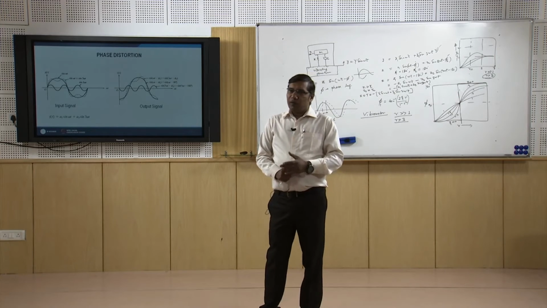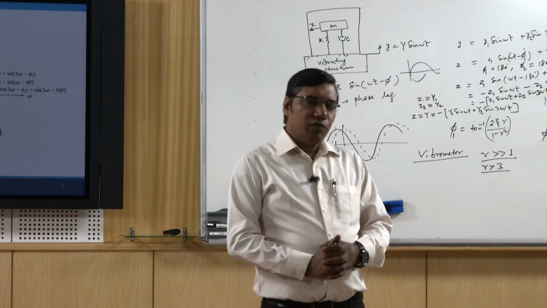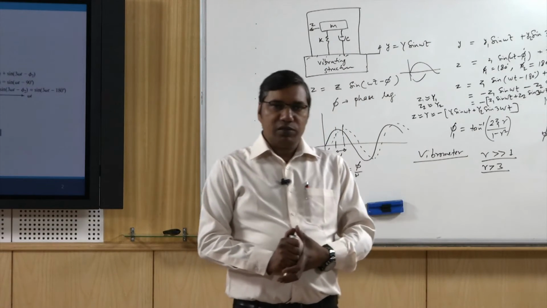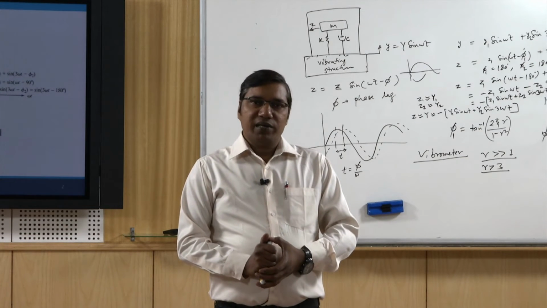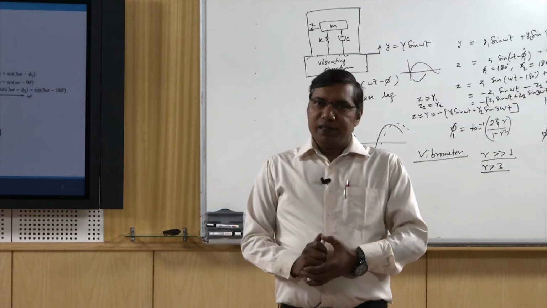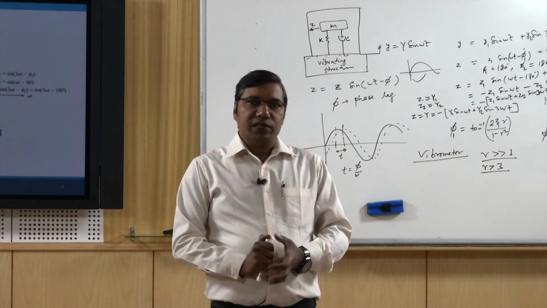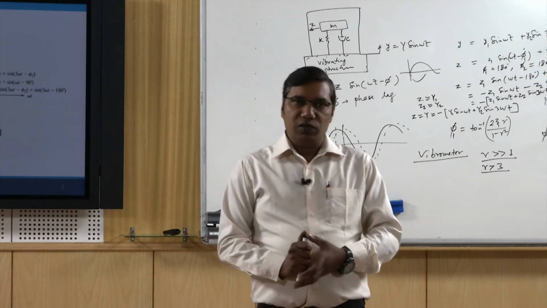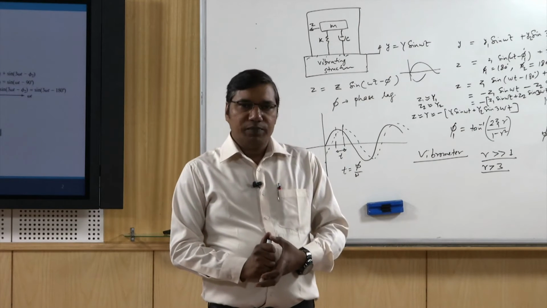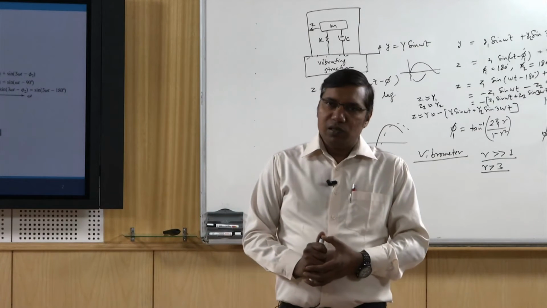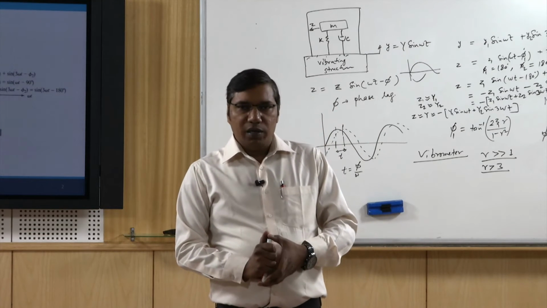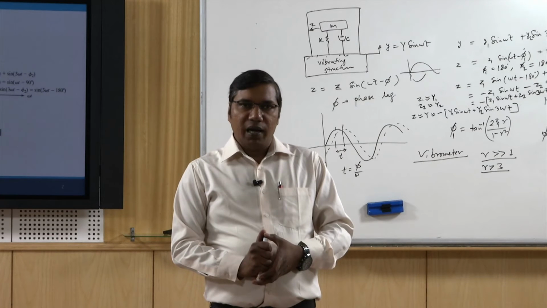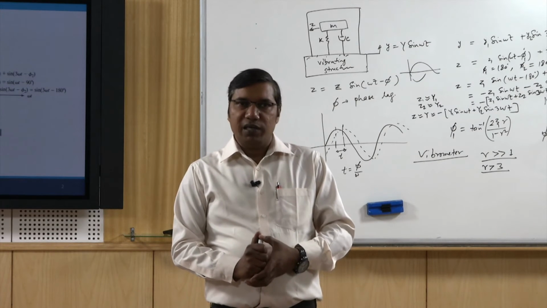So for both vibrometer and velometer, if we want to avoid the phase distortion, we have to select the value of R much greater than 1 and the value of damping near about 0. So the phase lag is constant for each input, and it is constant, that is 180 degrees.